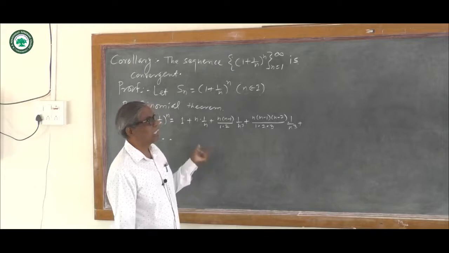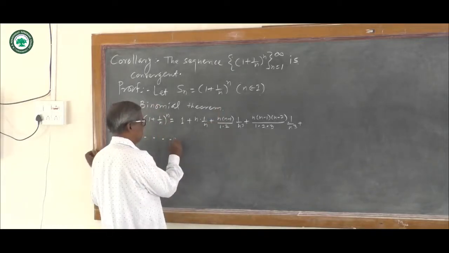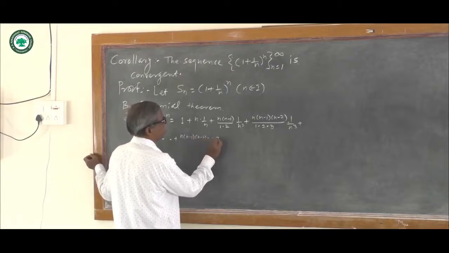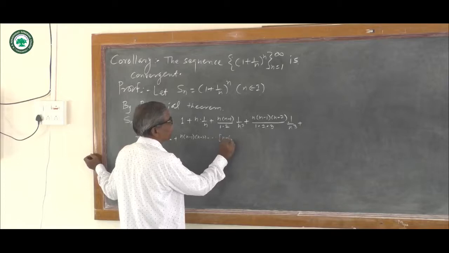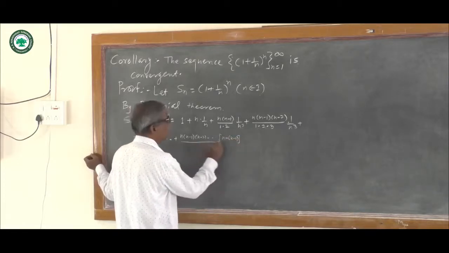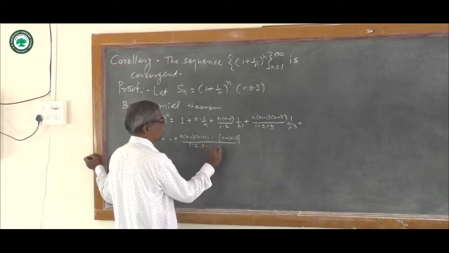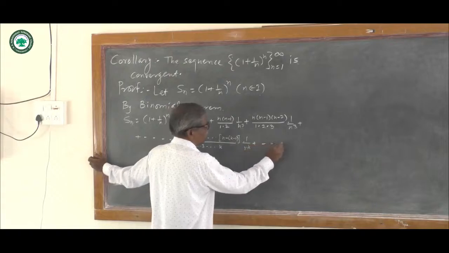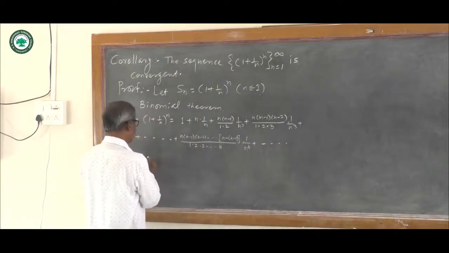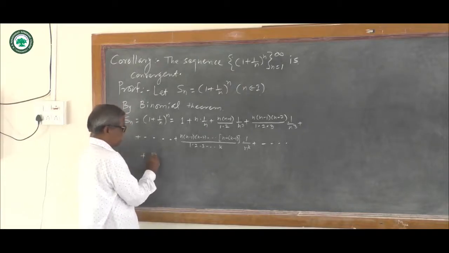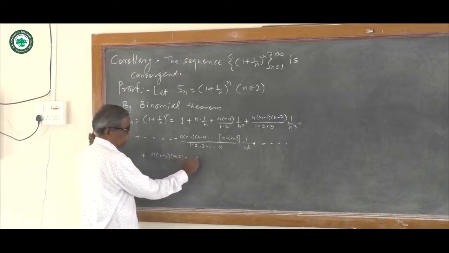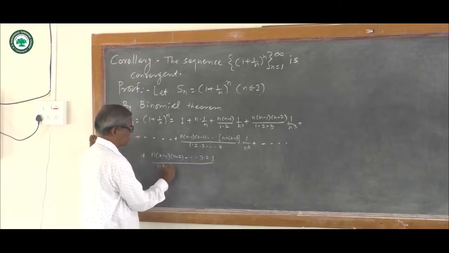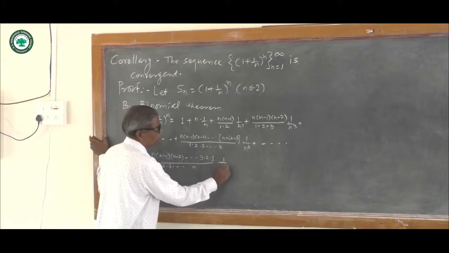Now we write the k plus 1th term: n into n minus 1, n minus 2 and so on, n minus k plus 1, upon 1 into 2 into 3 and so on up to k, into 1 upon n raised to k, plus and so on, and the last term is n into n minus 1, n minus 2 and so on, 3 into 2 into 1 upon 1 into 2 into 3 and so on n, into 1 upon n raised to n.